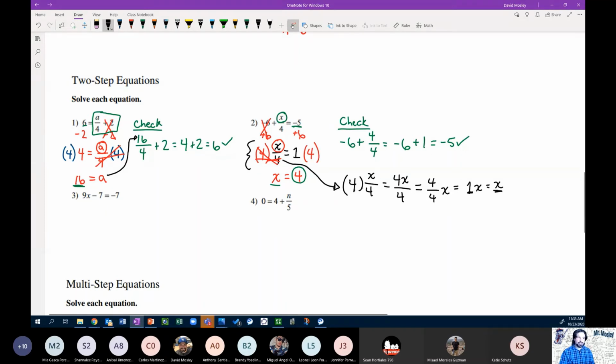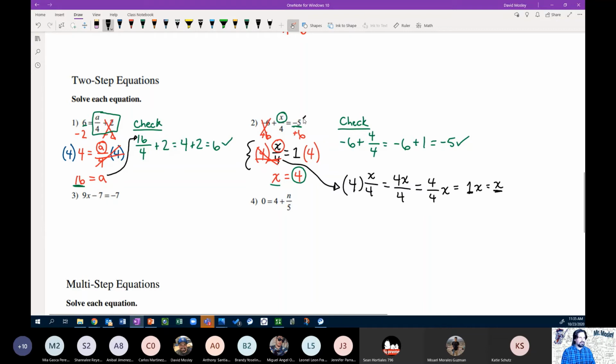Okay, and so then when I do the check, I said, okay, x equals 4. That was my solution. So to check the solution, everywhere in the original equation that there was an x, we replaced with 4. So we have negative 6 plus 4 divided by 4 equals negative 6 plus 1 equals negative 5.